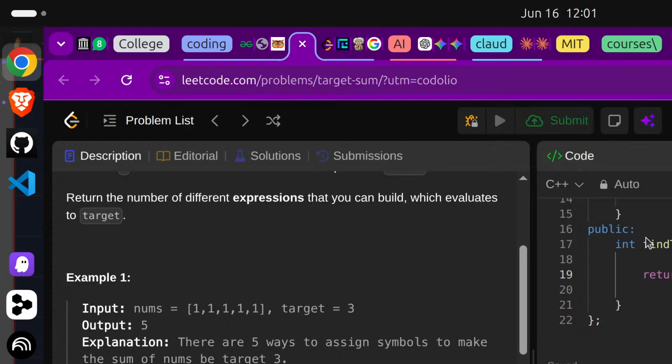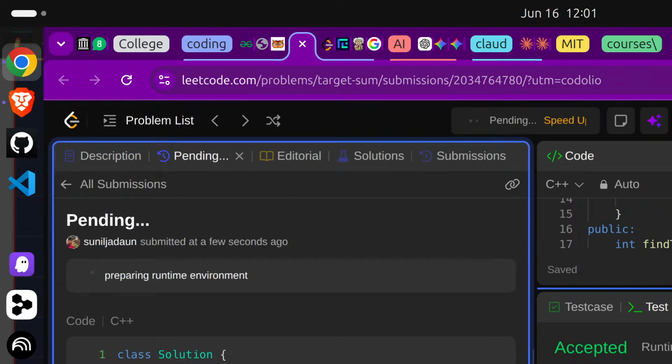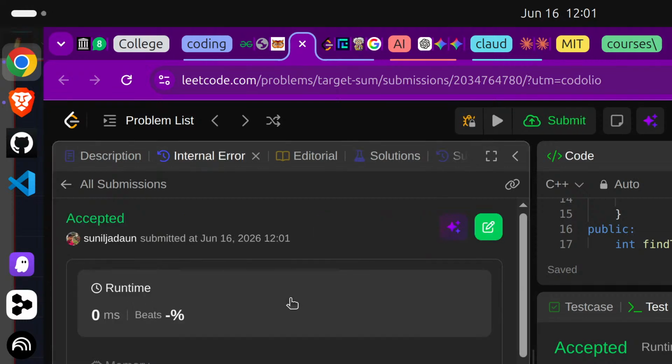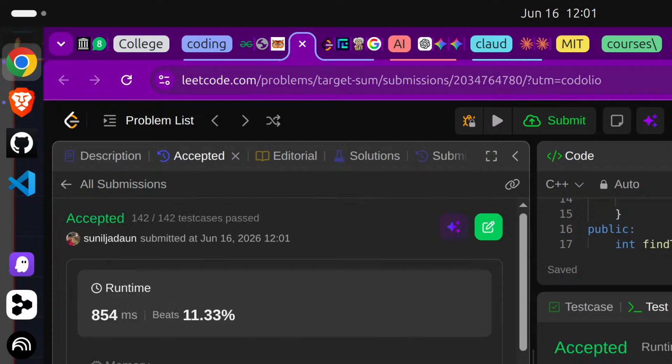Okay, both cases passing here. I think it will give us TLE because, oh, it's accepted, guys. But it's very slow, I think. 142 cases pass, all of them.